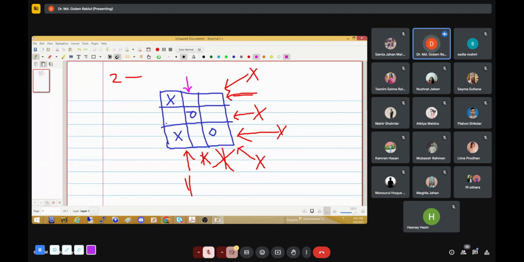It is open for the opponent. Using this column, it is also open for the opponent. And using this row, it is also open for the opponent. And how about the diagonals? Okay, for the diagonals, I think it's not open for the opponent. So 3. Okay, so here is the 3.